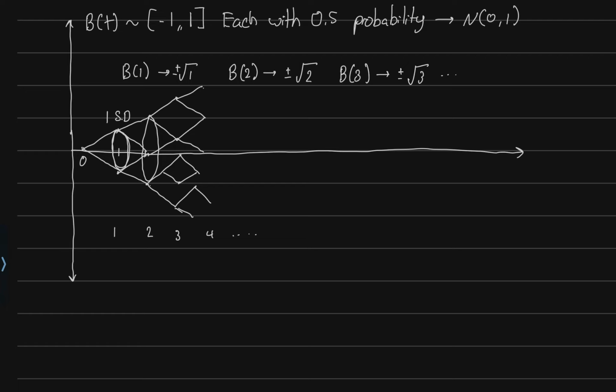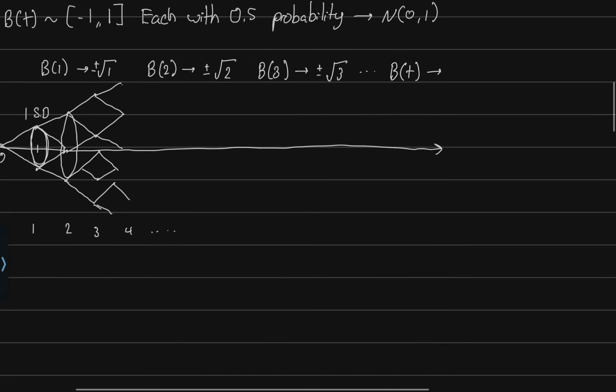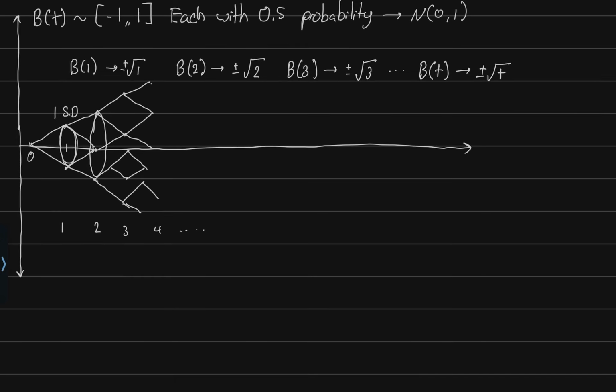And to illustrate this, in the general case, if I take B of any time t, I have a 1 standard deviation probability of staying between plus or minus square root of t. And that point is illustrated through this discrete random walk.